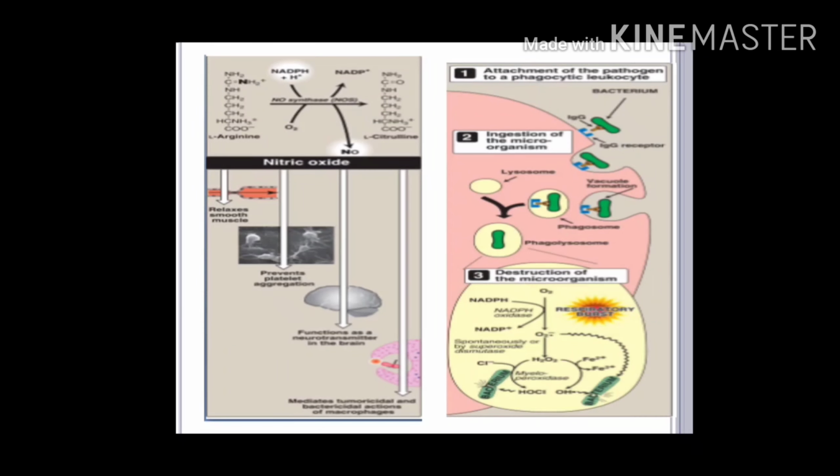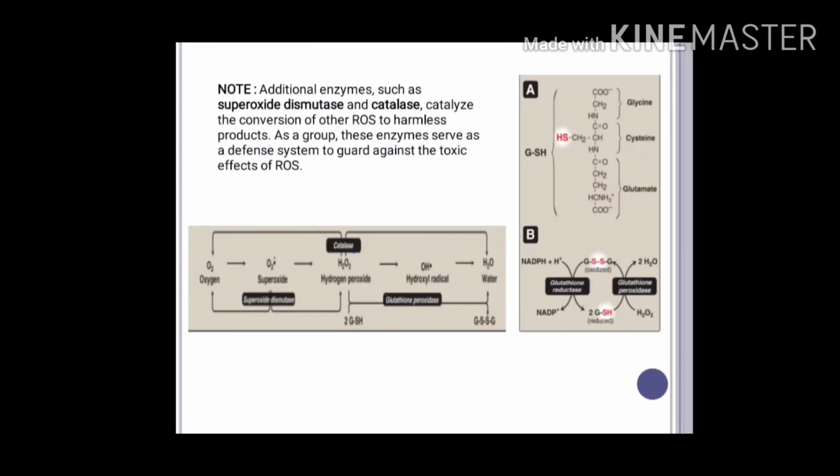So you can see the nitric oxide is produced from NO synthase, which requires the NADPH to convert arginine to citrulline. This nitric oxide that is produced has so many functions. So NADPH in this case is indirectly producing nitric oxide. So these are the few uses of NADPH.